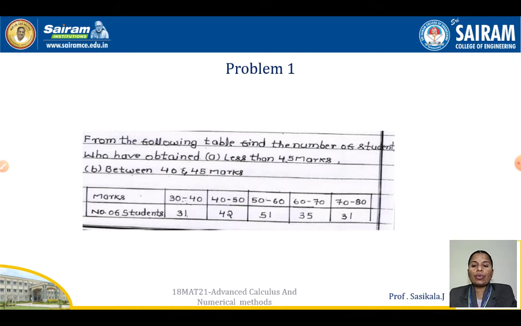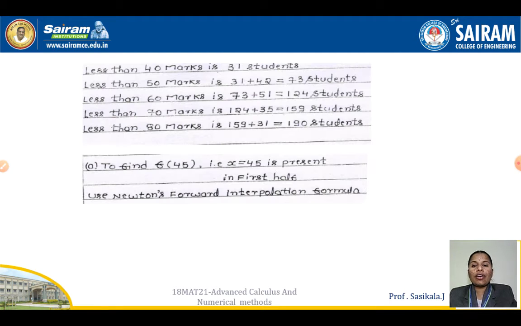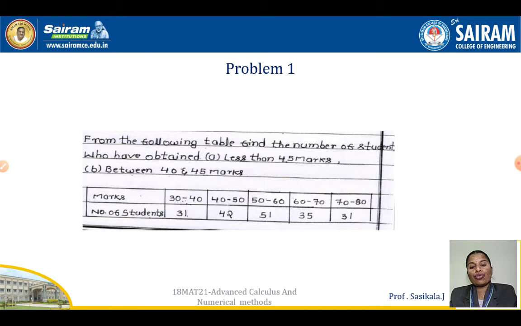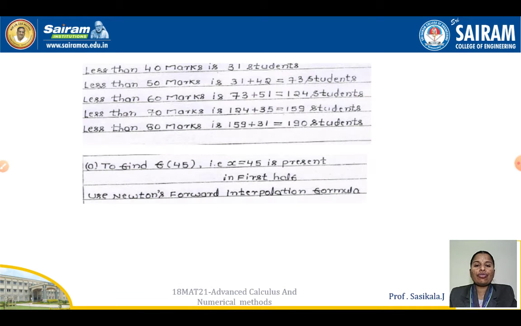The next one, 40 to 50, is 42. So when I write less than 50 marks, you are supposed to take it from 0 to 50. That's why it is written 31 plus 42, and I get 73 students. The next one is less than 60.